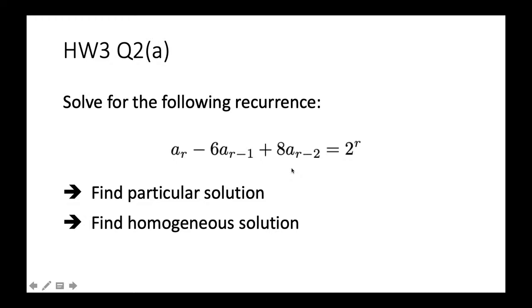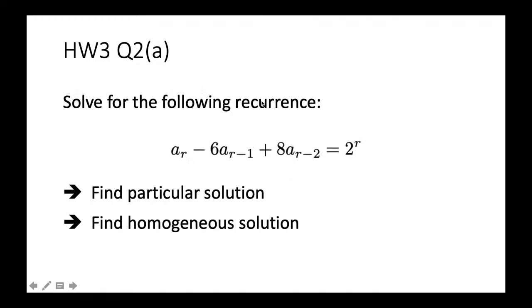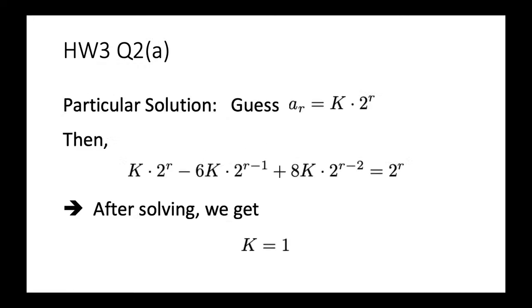Okay, so how about the particular solution? Because the formula is of the form a_r minus 6 a_{r-1} plus 8 a_{r-2} is equal to 2 to the power r, it is natural to assume that a_r looks like 2 to the power r. We are guessing a_r is of the form some constant K multiplied with 2 to the power r.